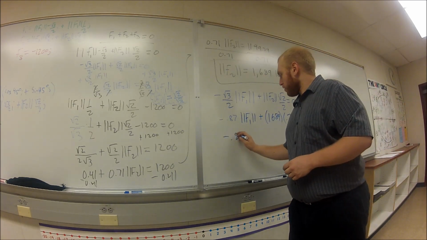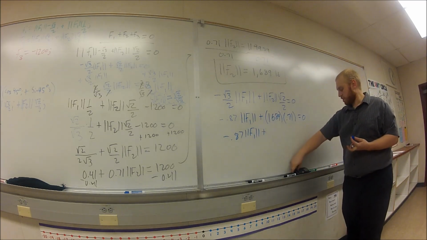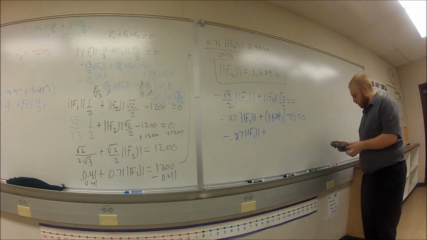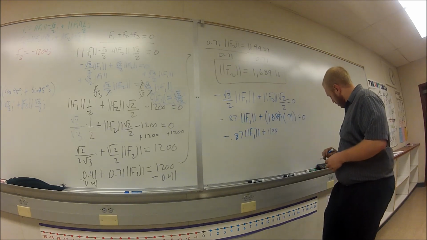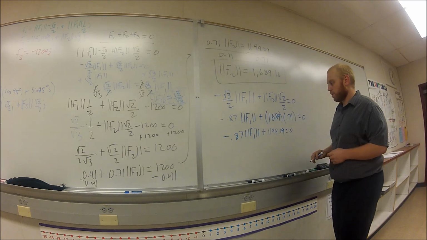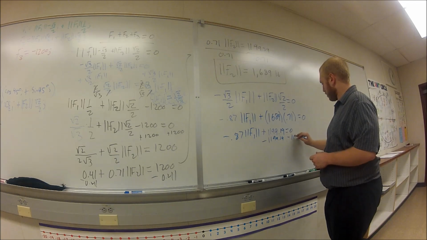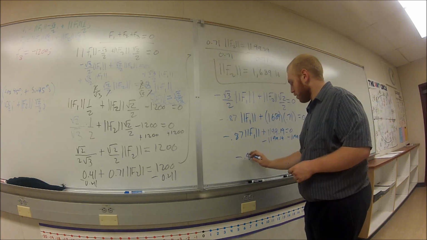So negative 0.87 times the magnitude of force 1, plus, let's see what that comes out to, 1199 equals 0. Then we can subtract this guy over, and then we're going to divide by him in a second.